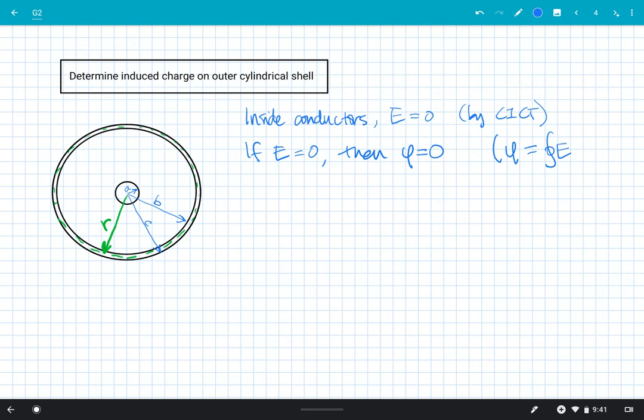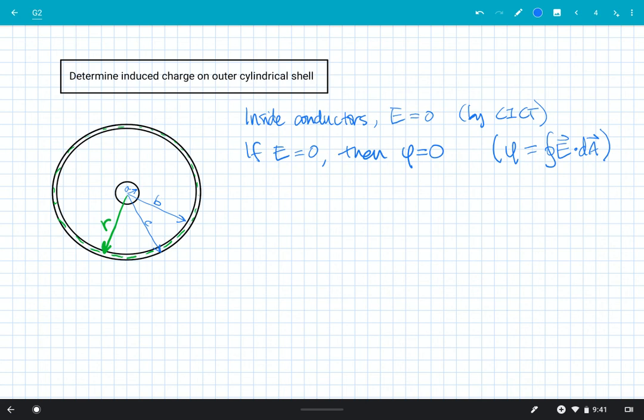The way that we calculate flux, if E is 0, flux has to be 0. There's no way to get a non-zero flux with a 0 E. And I've mentioned this before, but I'm mentioning it again. The reverse is not true. So if flux is 0, that does not mean that E is 0. And you can think about why that would be in terms of the scalar product, mathematically, physically, whatever.